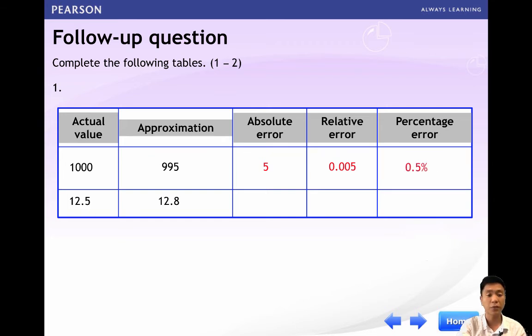Next, this one: the absolute error is 0.3. The relative error is 0.3 over the actual value 12.5, approximately 0.024, and the percentage error is this value times 100%, so it will be 2.4%.